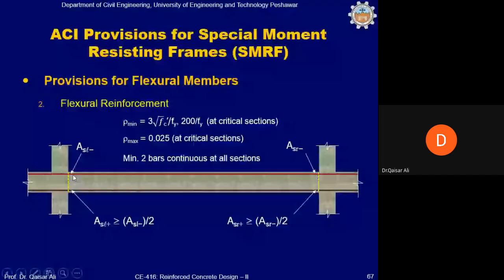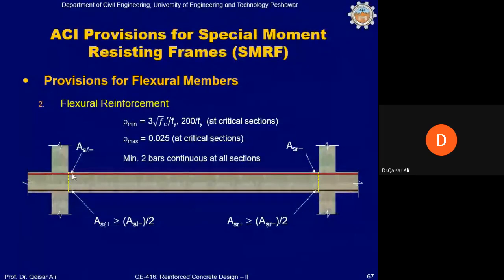An example, we have 8 bars, let's say, as top negative reinforcement against the bending moment which is obtained from the analysis due to the combined action of gravity load and seismic loading.